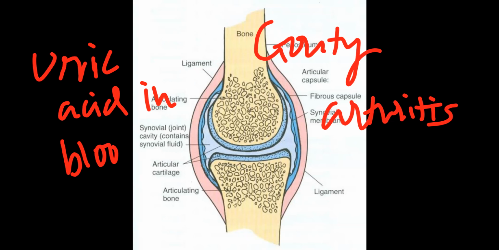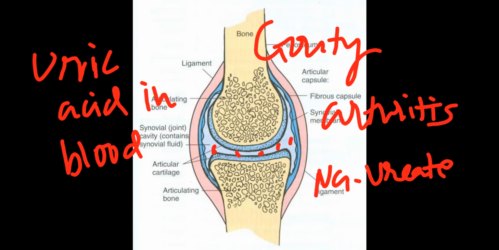Due to a metabolic disorder, excess uric acid gets accumulated in this region. The crystals of uric acid, called sodium urate crystals, made of sodium ions and uric acid, accumulate at the joint position. That is termed gouty arthritis.